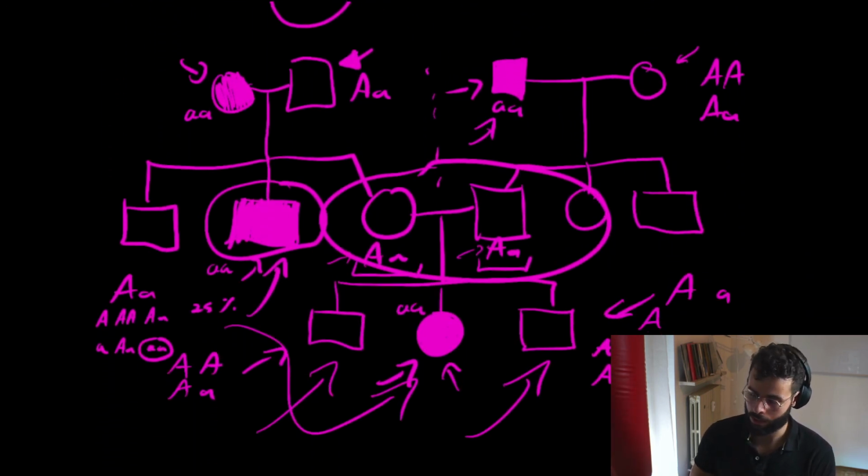Then you're going to start analyzing using the simple Punnett square. You're going to calculate the odds of the kids and individuals in the pedigree to be carrier, sick, healthy, homozygous dominant and so forth.